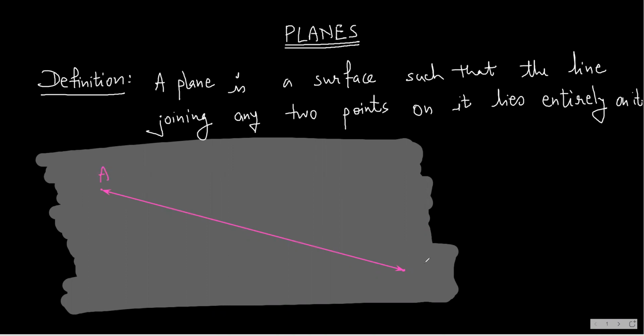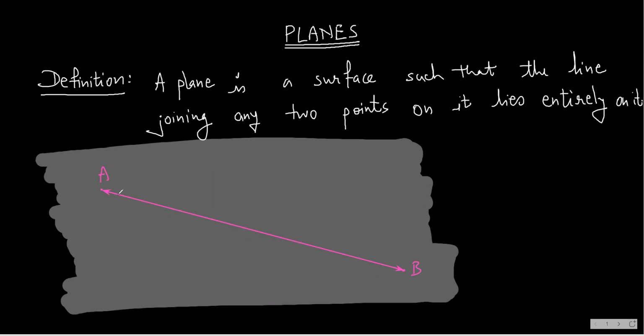I had two points on the surface. I joined these two points with a straight line. Now this straight line AB has infinite points on it.